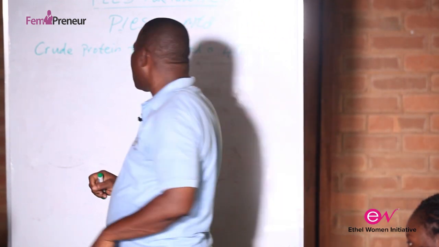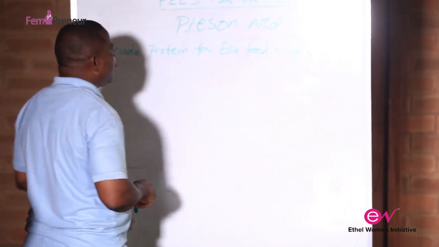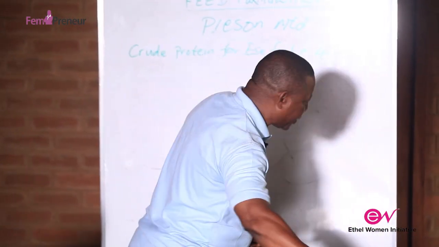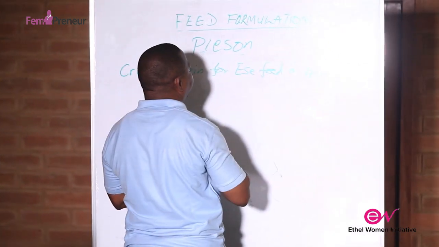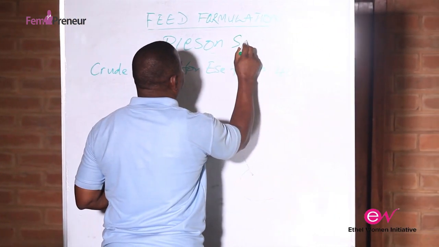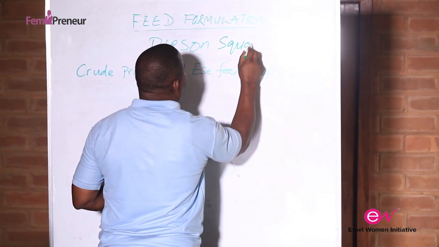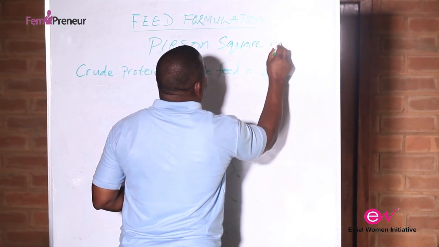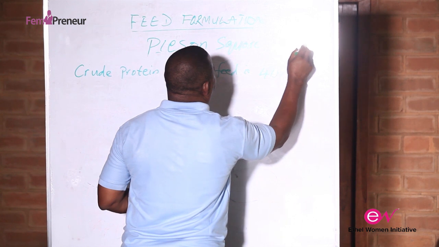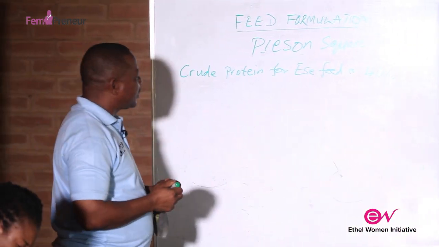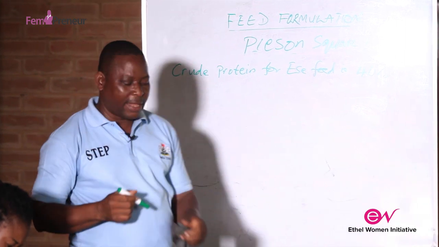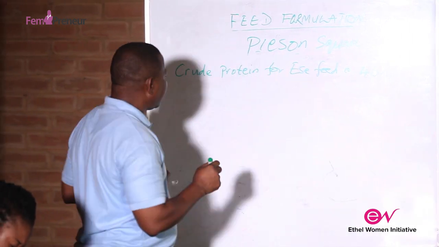So this is the Pearson square method. Let me complete the full writing: Pearson square method. This man, Pearson, considered a square, like a Maggi cube, for instance.